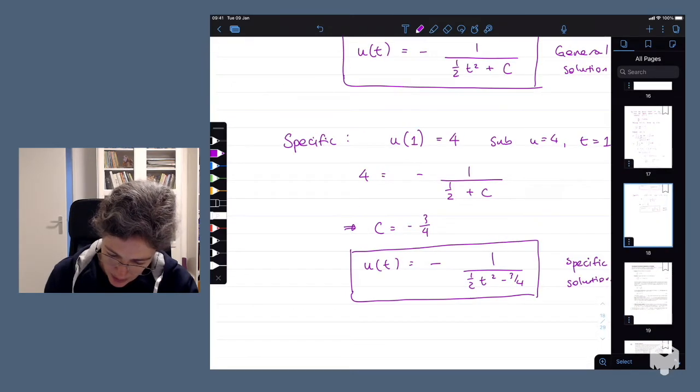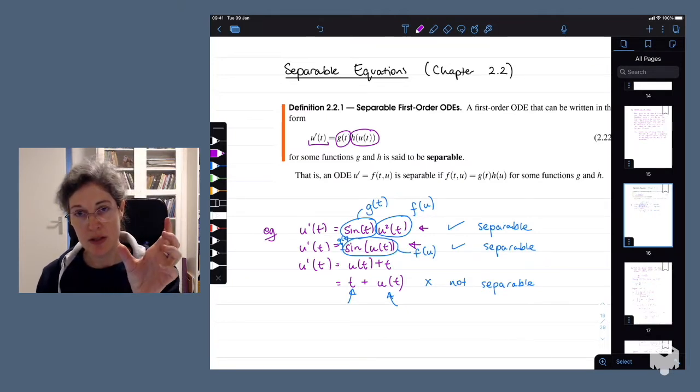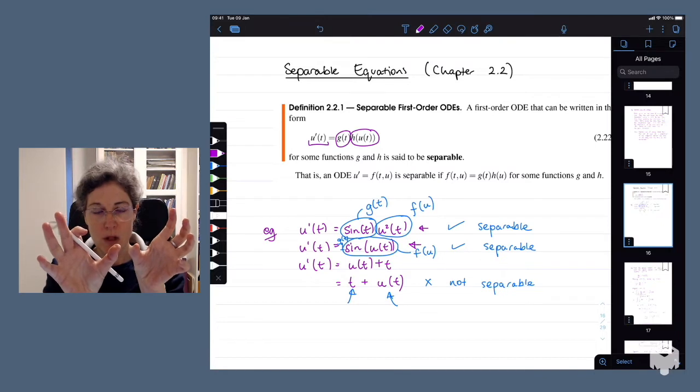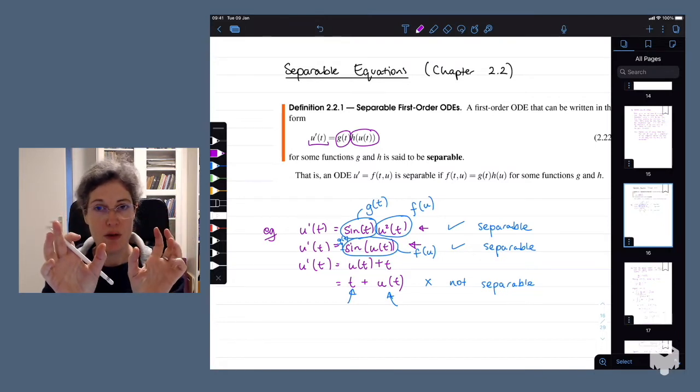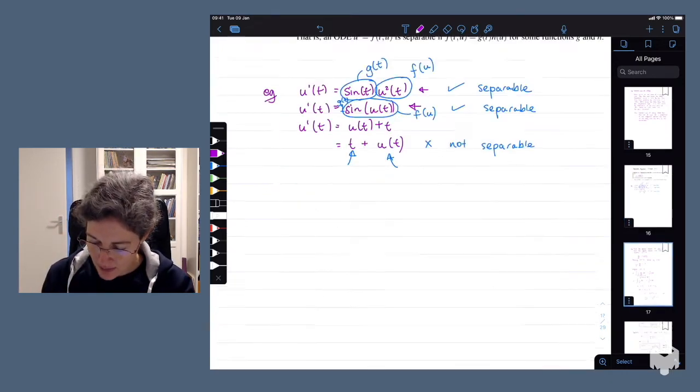For our separable ones, we were able to split our differential equation into something involving t multiplying something just involving u. Autonomous ones don't have the something involving t. They just have u's. You can't see any explicit t's.